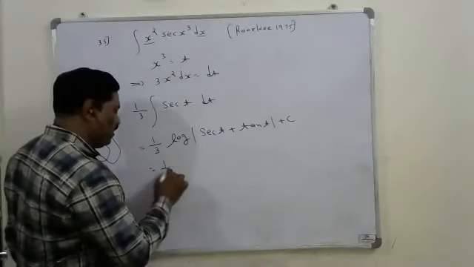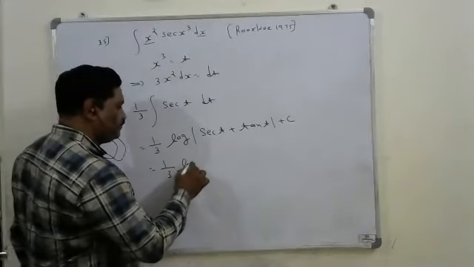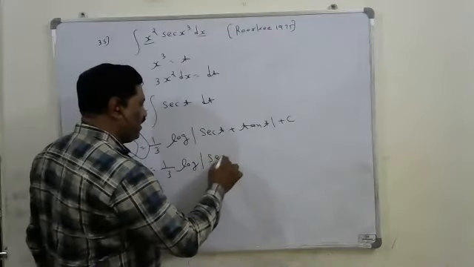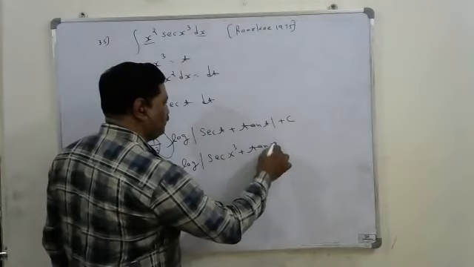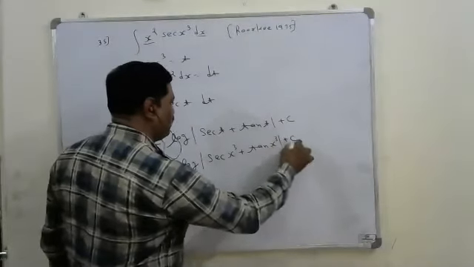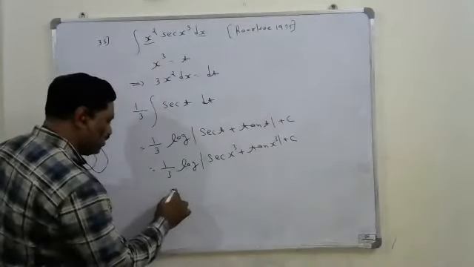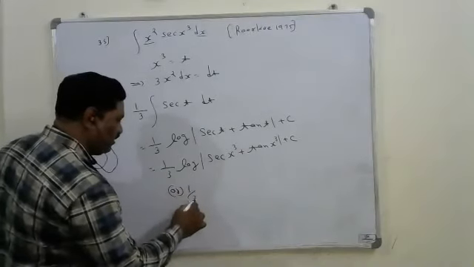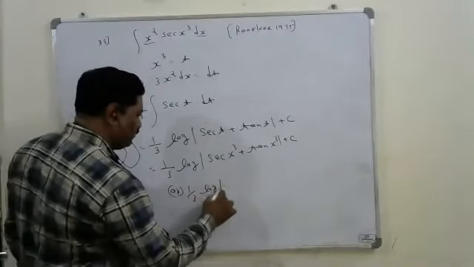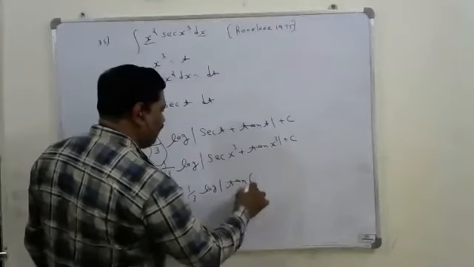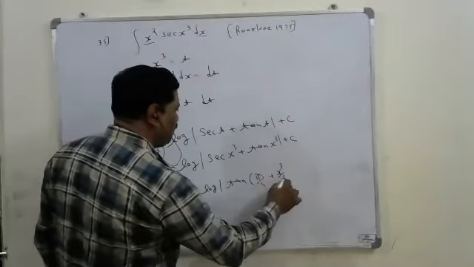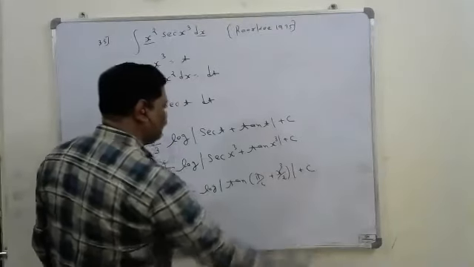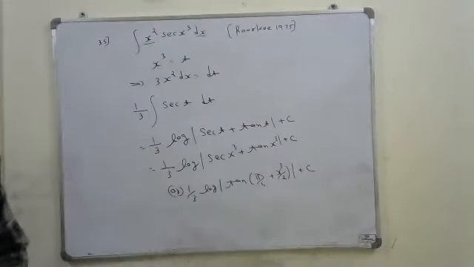So it is 1 by 3 log mod secant, where t we have taken as x cube, plus tan of x cube plus c. Sometimes this option will be there, or you can also write like that, 1 by 3 log mod tan of pi by 4 plus x cube by 2. Sometimes this option might be there. Take that.